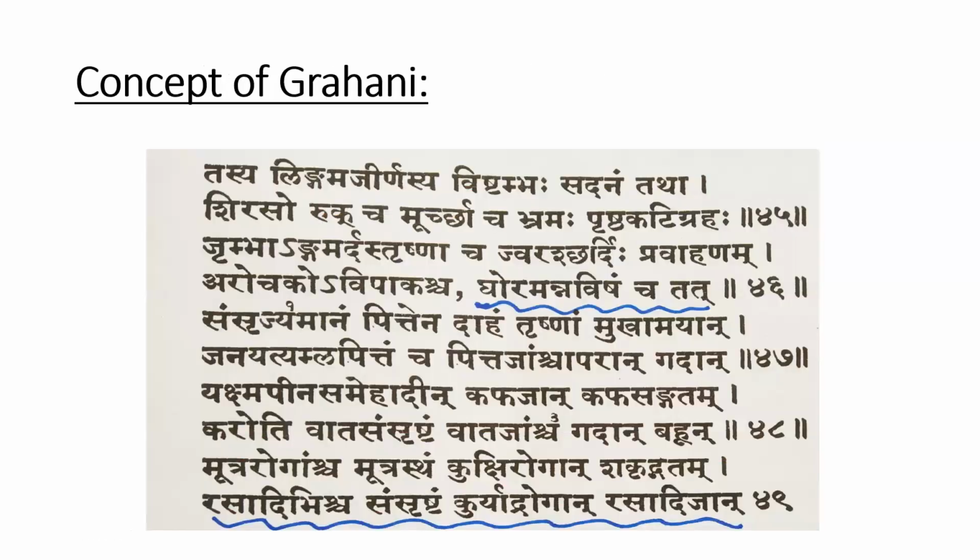This is the area where we have to concentrate while we teach Nidanasthana, Charaka Purvardha, as well as Agadatantra, a common link between all these three, where this is the reference from Grahani Dosha Chikitsa, Charaka 15th chapter, where he mentions Ghoram Anna Visham Chatat in the 46th shloka, which deals with the GIT acute manifestation, may it be medical or surgical.